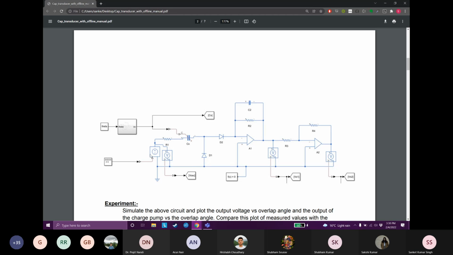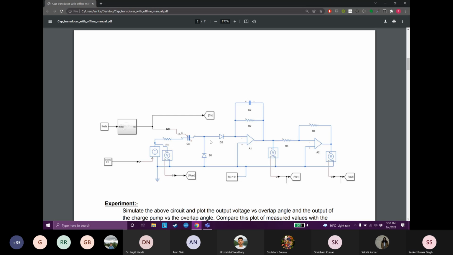When the output is high, this capacitor charges through this D2 diode, and when the oscillator output is negative, current flows from D1 to this capacitor to charge it in the opposite direction.